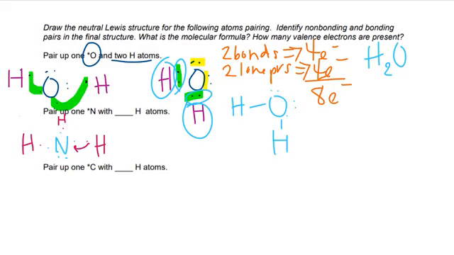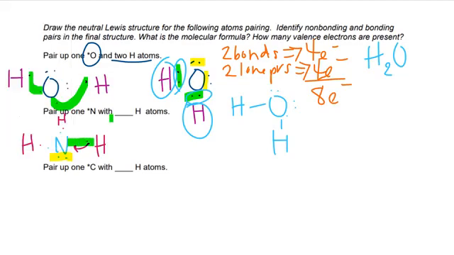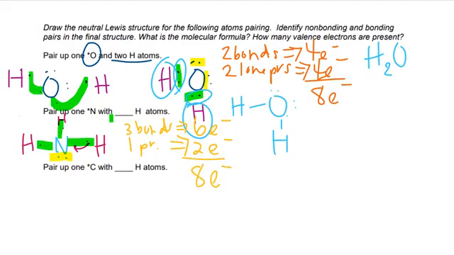So I'm going to say that we have 1 lone pair and 3 bonds, which equates to 6 electrons, 1 lone pair, which is 2 electrons, so for a total of 8 valence electrons.